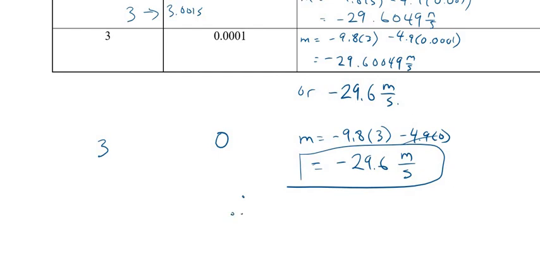So not only have we been able to estimate the instantaneous rate of change, we've actually been able to calculate it definitively. So therefore, the instantaneous rate of change is negative 29.6 meters per second.